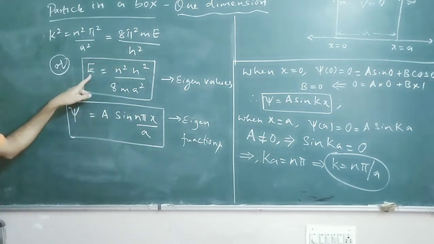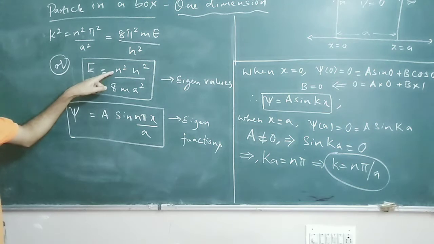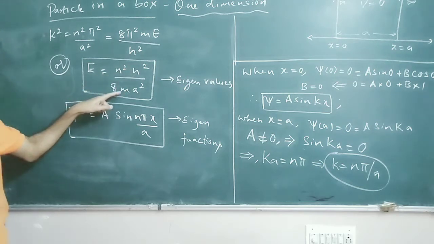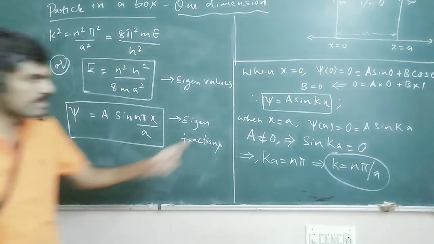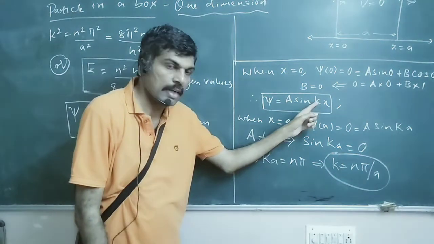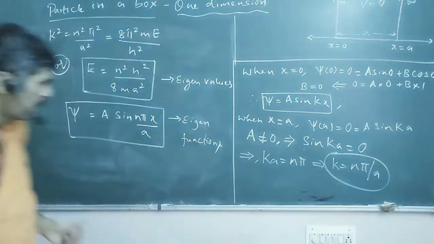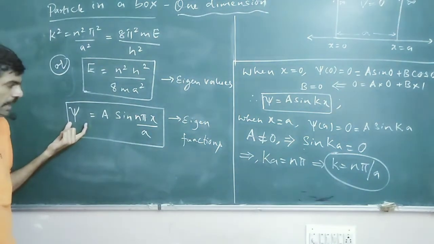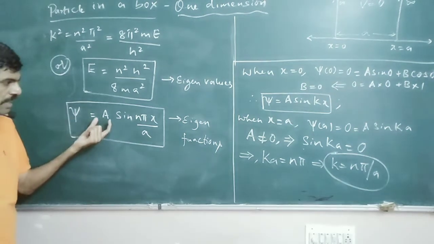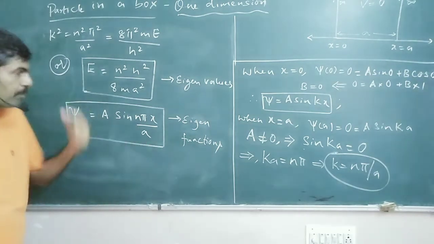So simplifying, we get the value of E, which is the total energy, as n square h square by 8ma square. And since psi is equal to a sin kx and k is equal to n pi by a, we substitute back in psi and get psi as a sin n pi x by a.